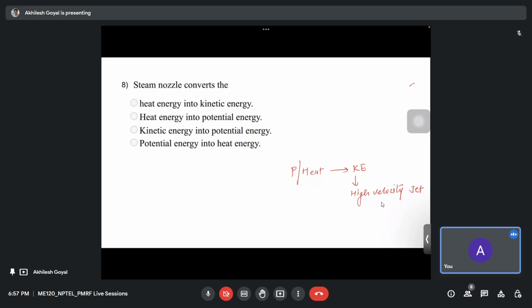Here are the options. Heat energy into kinetic energy, yes. Heat energy into potential energy, no. Kinetic energy into potential, no. Potential into heat energy, no. So a steam nozzle converts heat energy into kinetic energy.